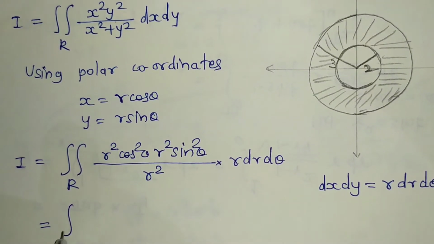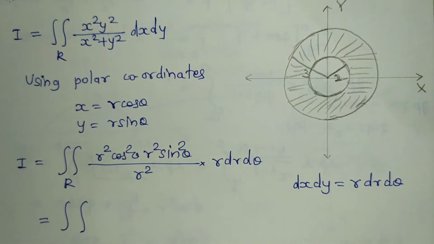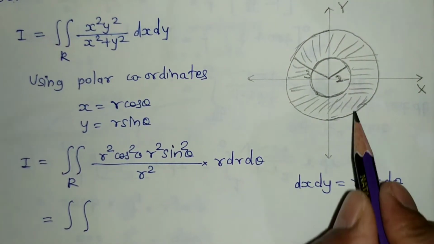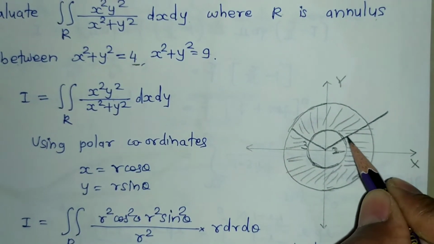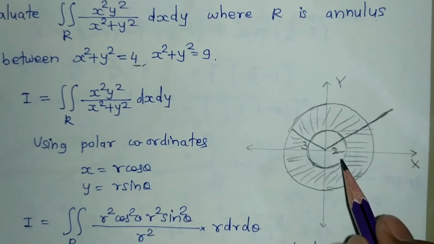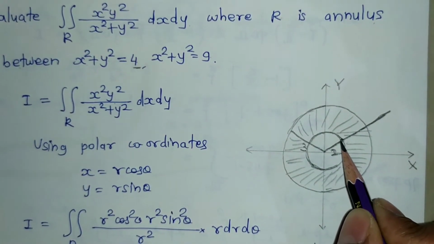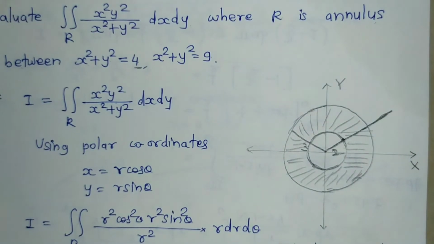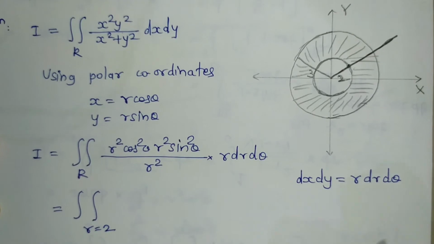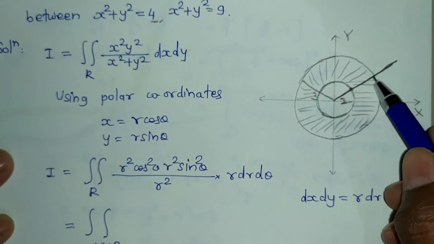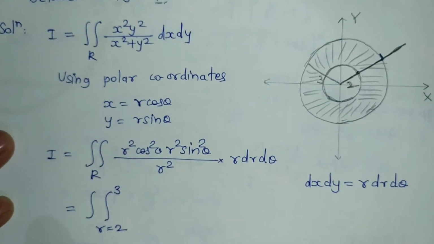Now what are the limits for r and what are the limits for theta? Look at this diagram. Draw a line which passes through the origin and intersects the given region. This line first intersects the inner circle, so r is equal to 2, that is the lower limit for r, and later it intersects the outer circle, so r is equal to 3.